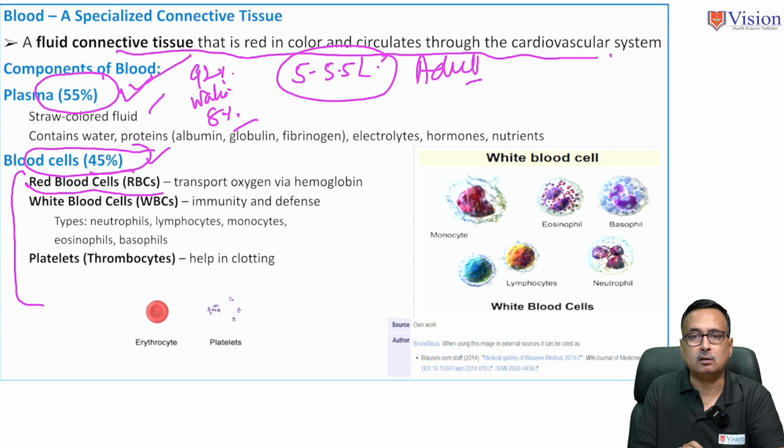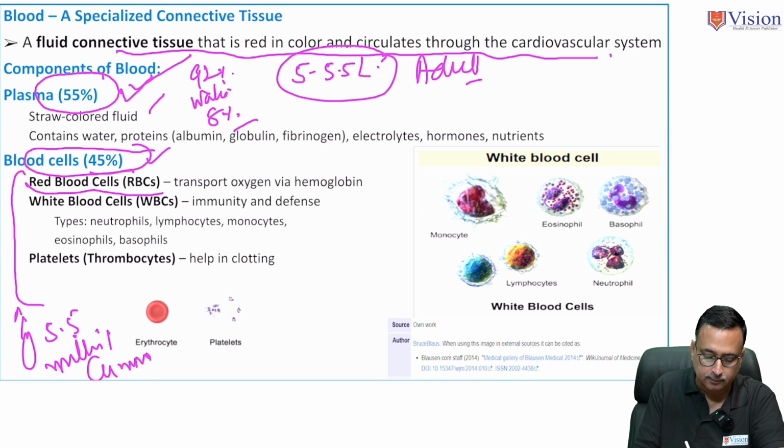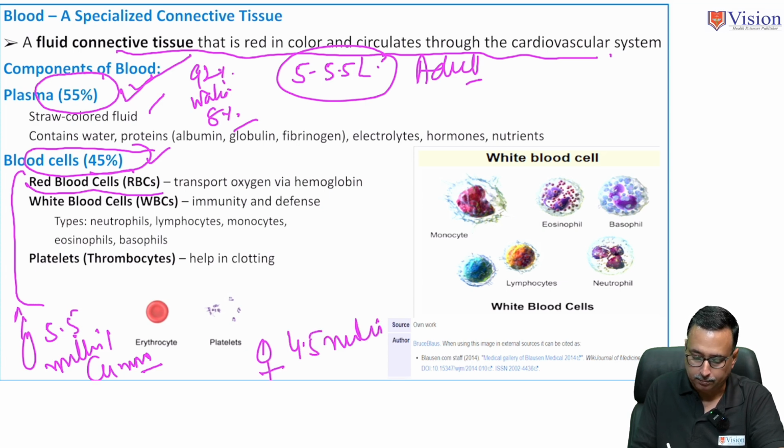A normal red blood cell count in adult males is about 5.5 million per cubic millimeter, whereas the RBC count in females is 4.5 million per cubic millimeter.